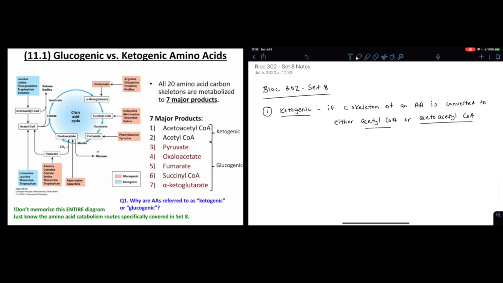Any of those two compounds have the potential to form ketone bodies under starvation conditions.